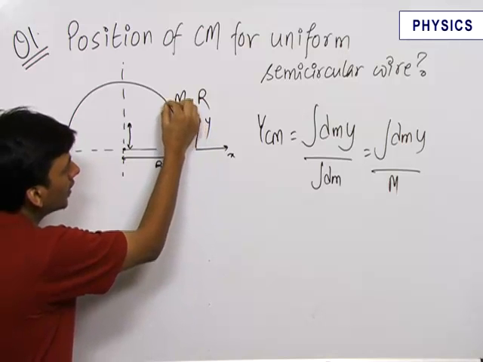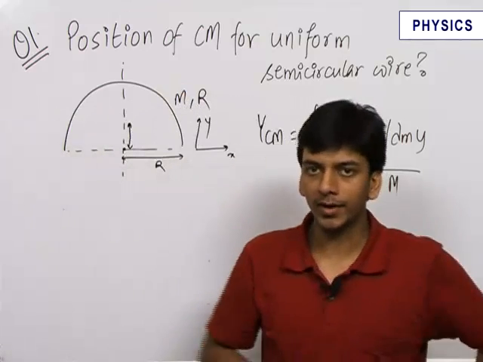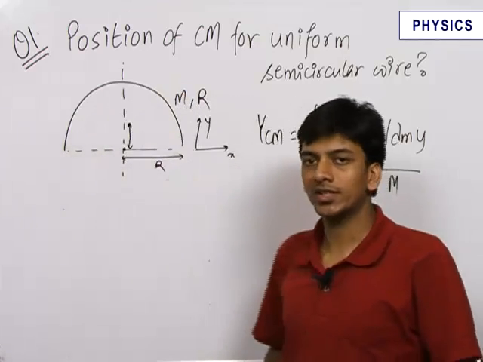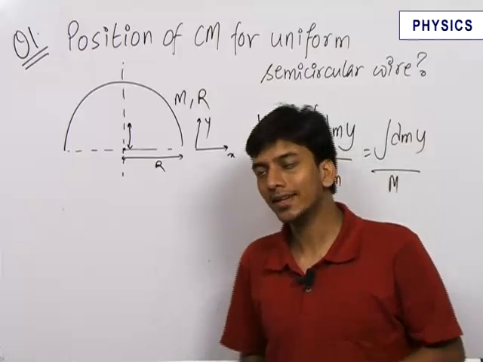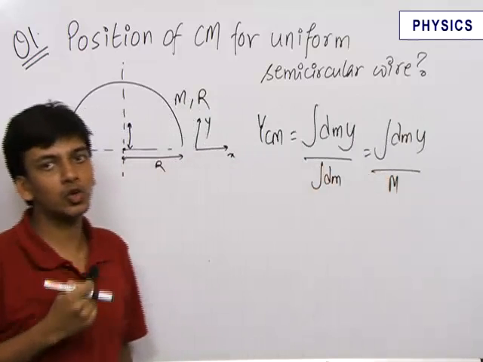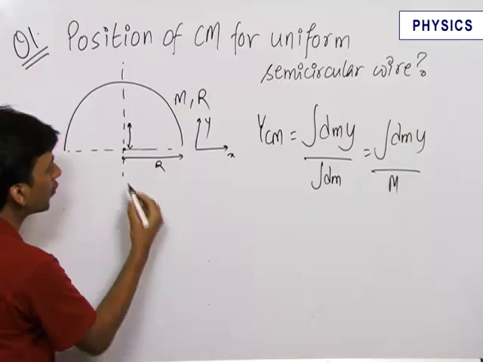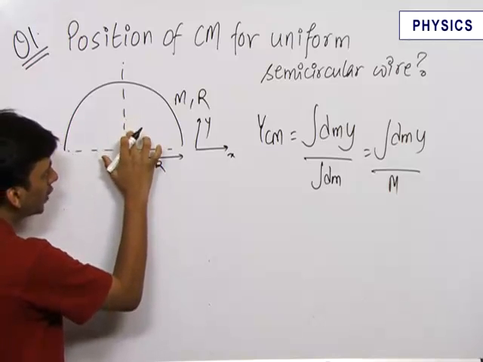So in these types of questions, you have to intelligently select the dm mass element. It is always very crucial which small element you choose. There is a standard way which I am going to tell you now.